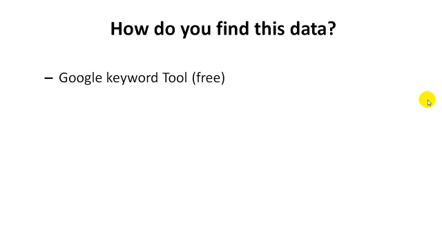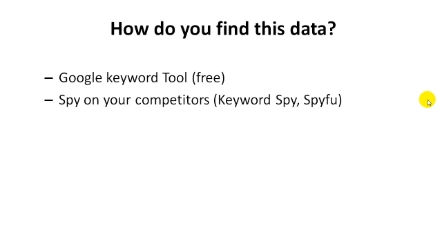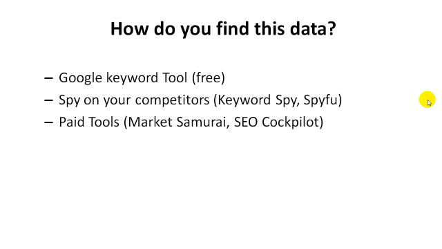Well, you can use several tools. We're going to be using a Google keyword tool, which is free. Another cool strategy is you can figure out what keywords to rank on by spying on your competitors, by looking at tools such as keywordspy.com and spyfoo.com. There are other paid keyword tools like Market Samurai and SEO Copilot and so forth.